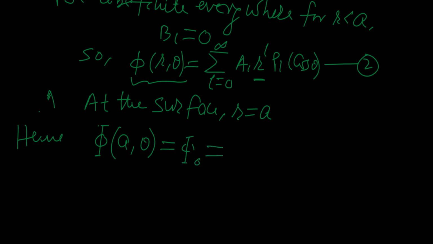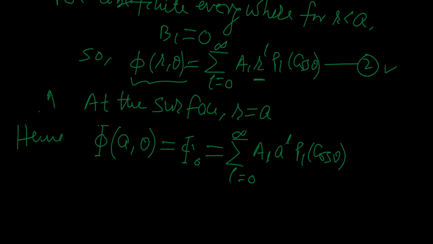In accordance with equation 2, we may write it as summation L equal to 0 to infinity, AL, a to the power L, r is replaced by a, into PL of cos theta. This is the potential at the surface.